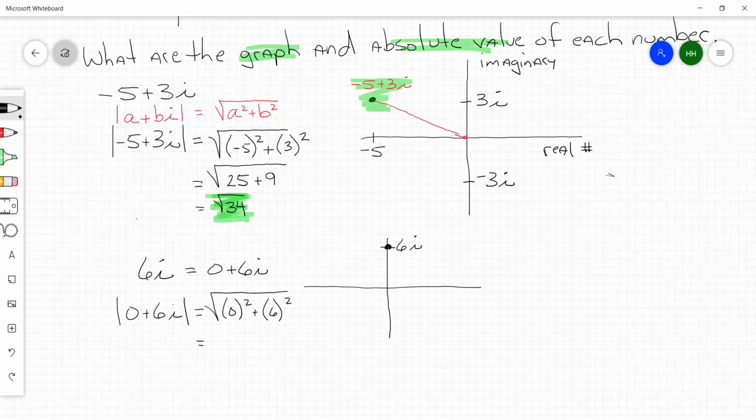So that's equal to the square root of 0 plus 36, which is equal to 6. So again, here's your graph. And here's your absolute value.